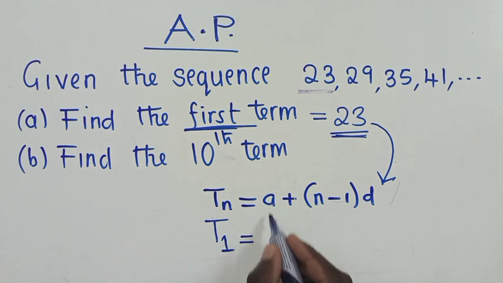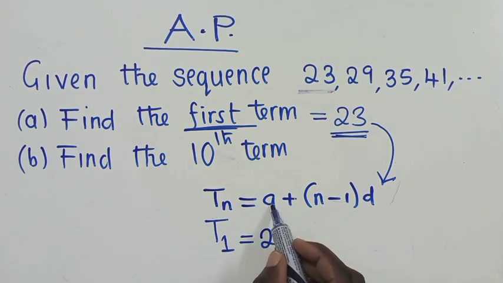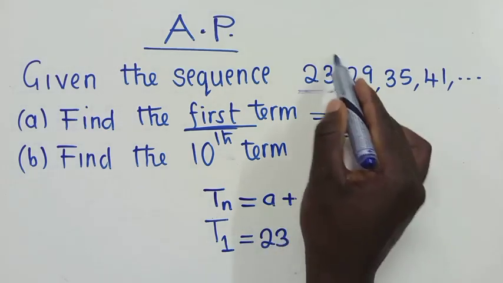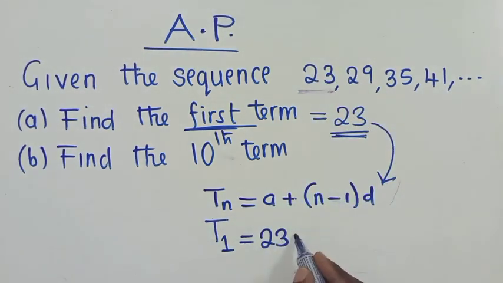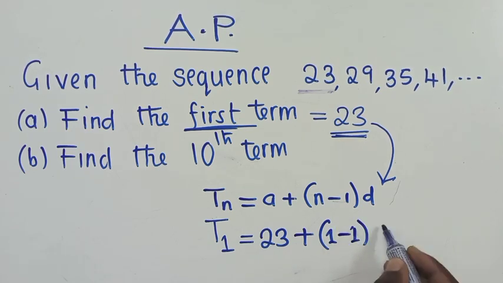So here on A, we're going to put 23 because we know that A is always the term that is starting, plus the n here, we're going to put a 1, minus a 1, okay? For the D here, we're going to put a 6. This D means the common difference.